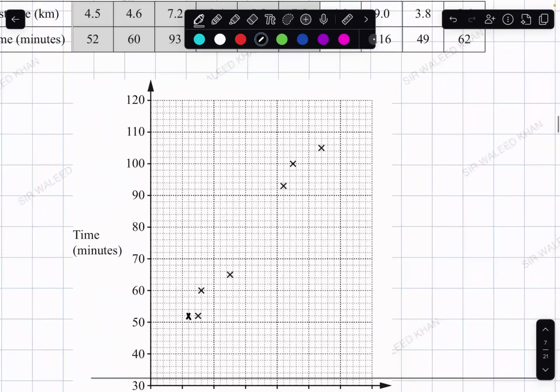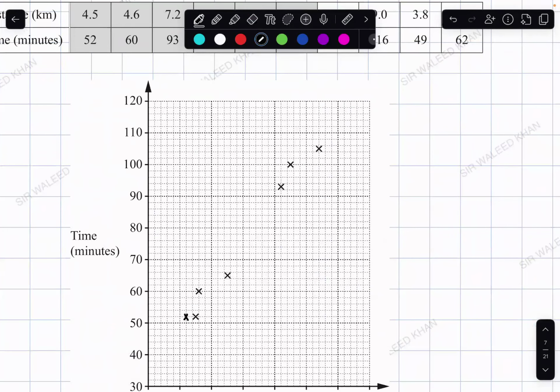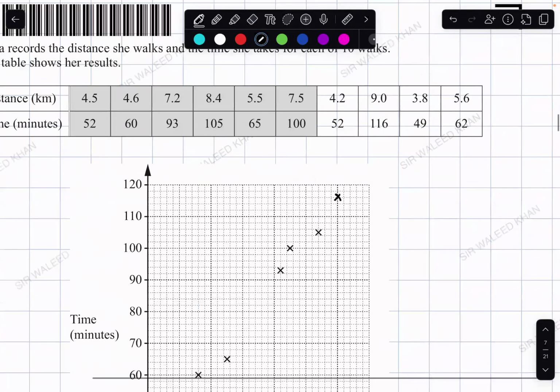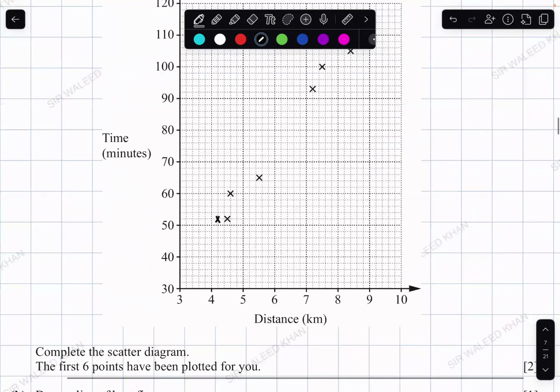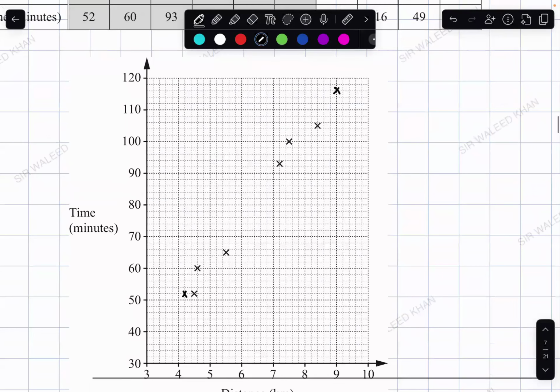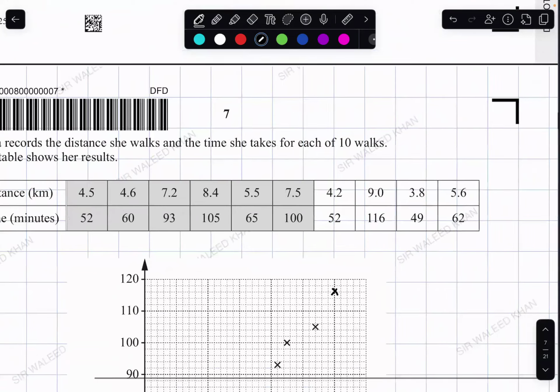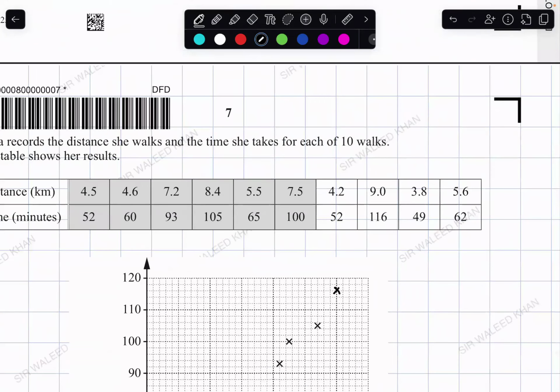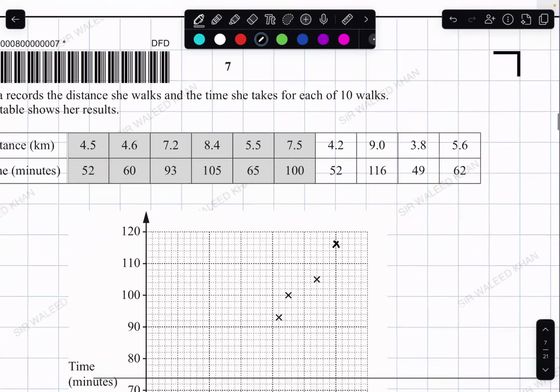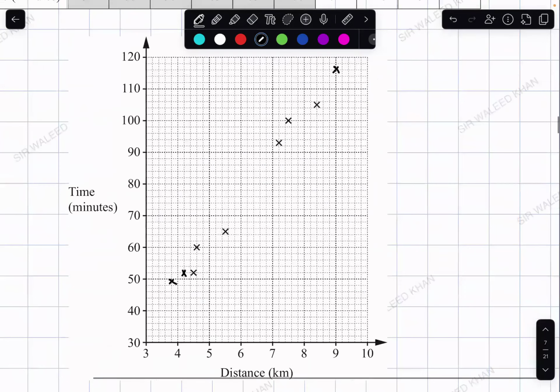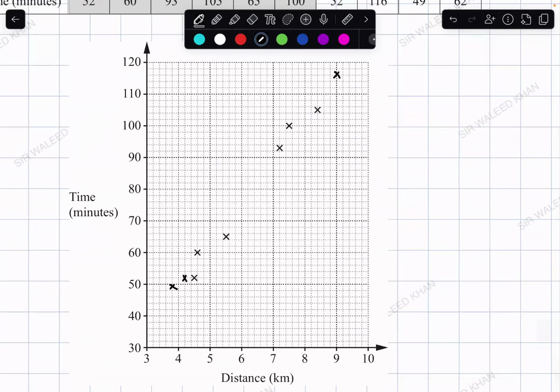Then 3.8 and 49, so it's above 48 over here. Then we have 5.6 and 62.